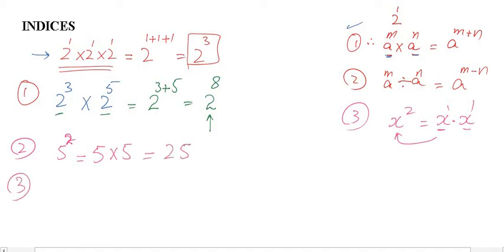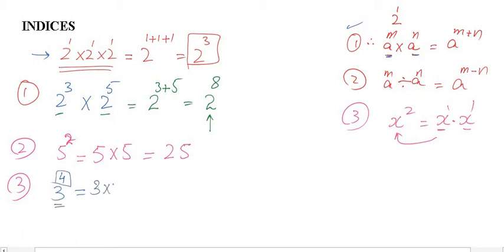But if the power is, let's suppose, 4 on the number 3, it doesn't mean 3 multiplied by 4, because some students make this mistake. They do 3 multiplied by 4, which is 12, which is the wrong answer. Remember, 3 power 4 means 3 multiplies itself 4 times.